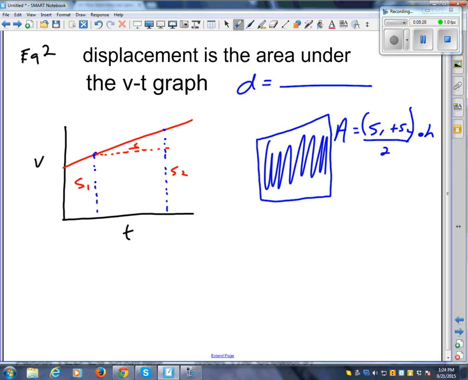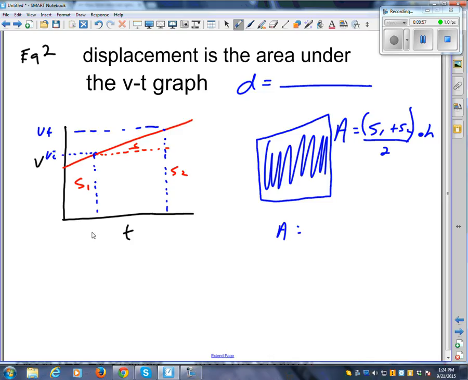So side 1 is this height here. If this is velocity, then the height right here is the initial velocity. It's how fast it's going at the start. That's what side 1 is. And side 2 is this height right here, which is the final velocity of the interval in question. So my area is side 1 plus side 2.